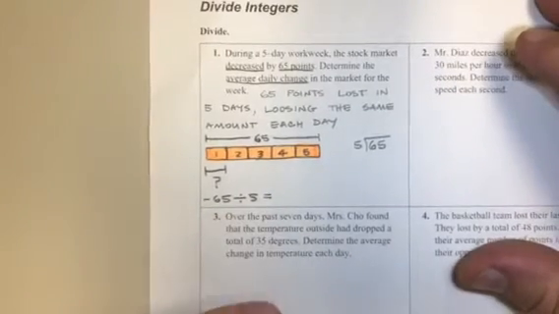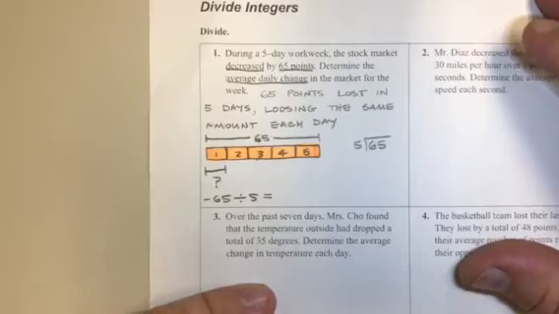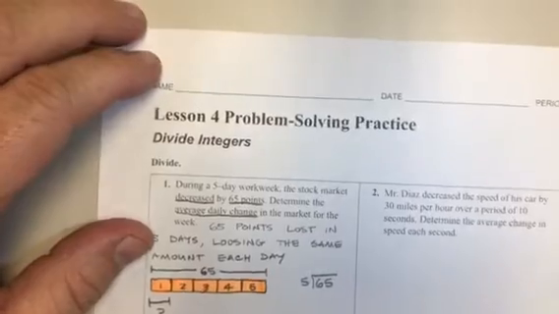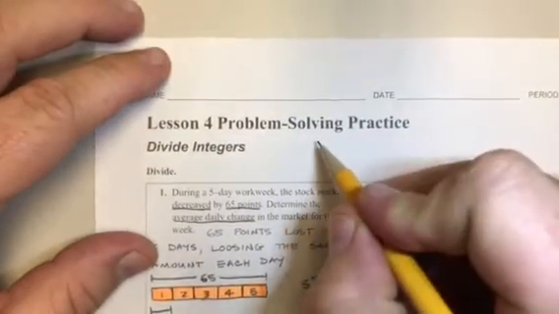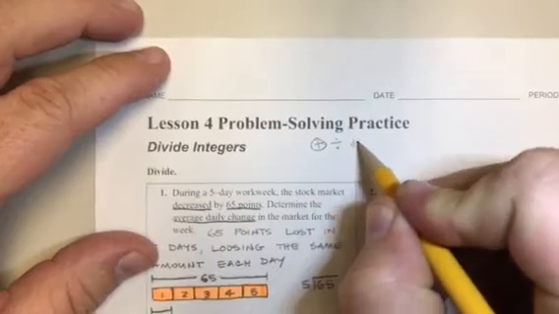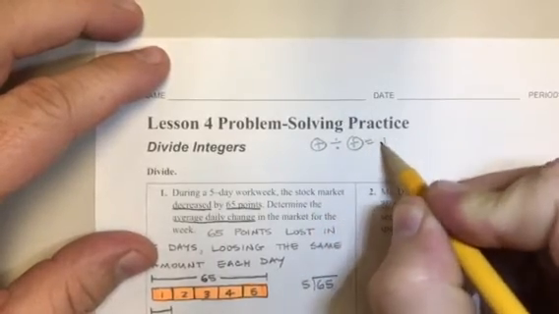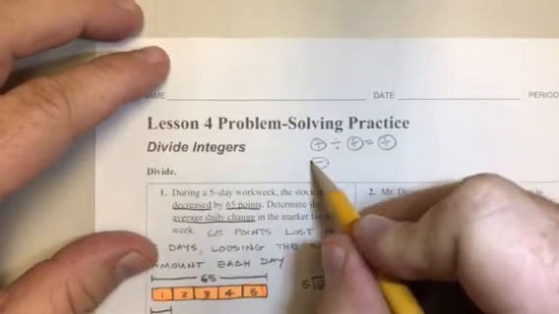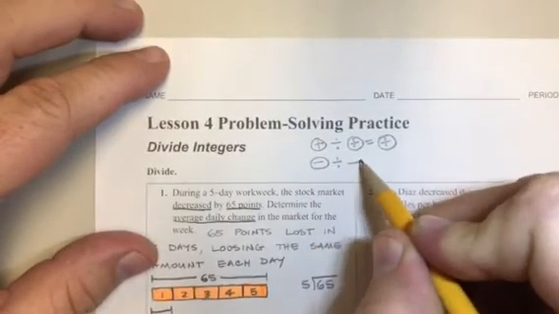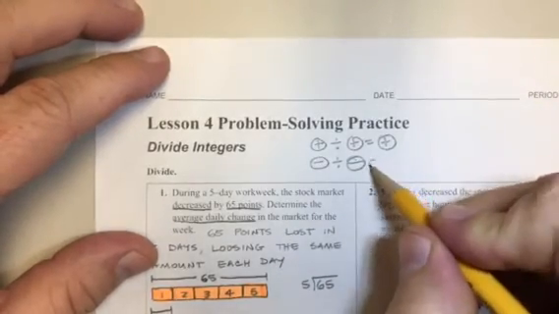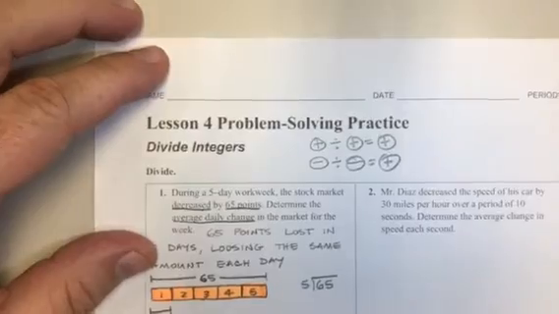And so the rules for dividing integers are pretty simple. I'll write them here at the top. We reviewed these today. A positive number divided by a positive number is always going to give us a positive number, just like we've always known. But a negative number divided by a negative number is going to give us a positive answer.